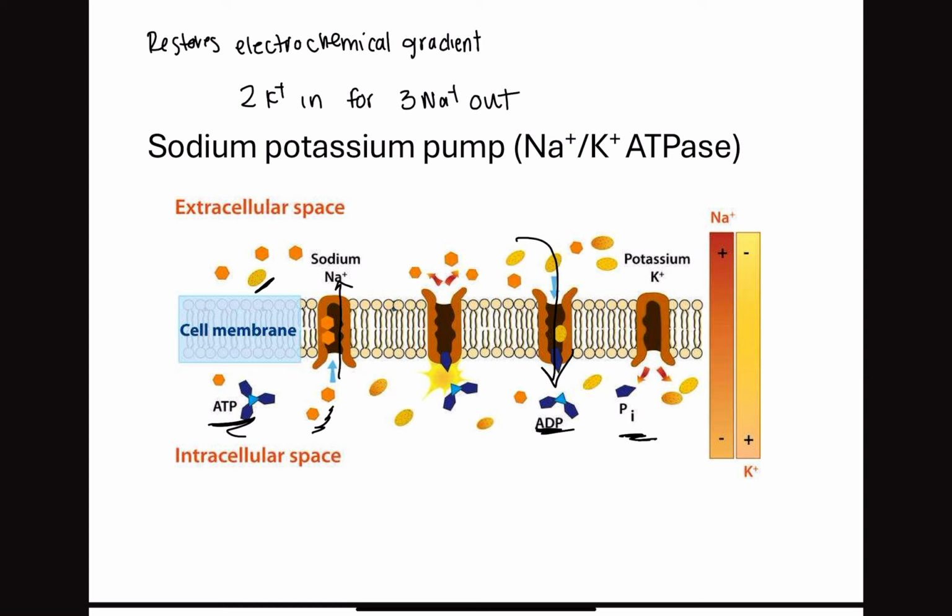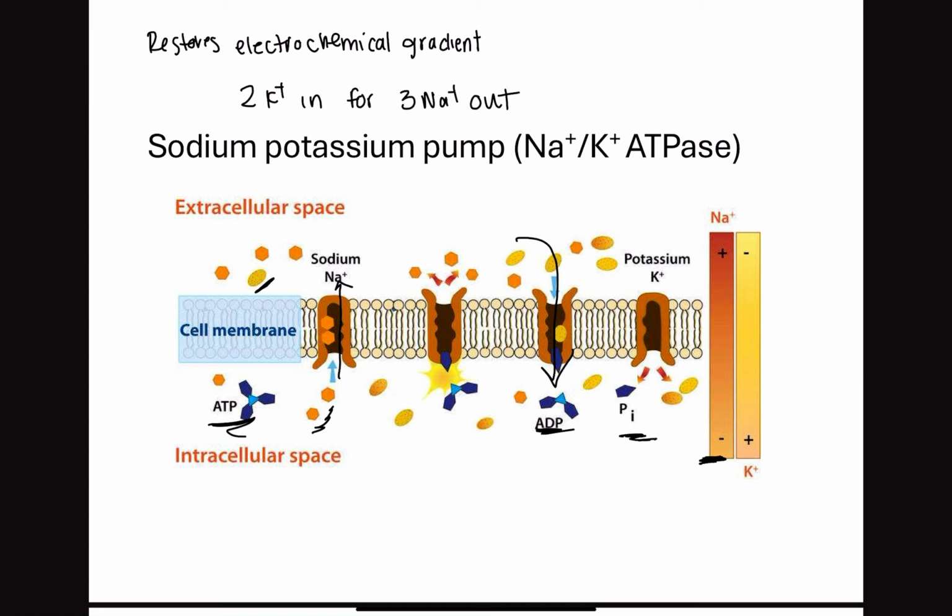Because that pump is moving 3 sodium ions out and 2 potassium ions in, it's creating an overall net negative charge inside of the cell. And this gradient further drives the diffusion of ions, which is really important for things like nerve signaling, cellular homeostasis, and even muscle contraction.